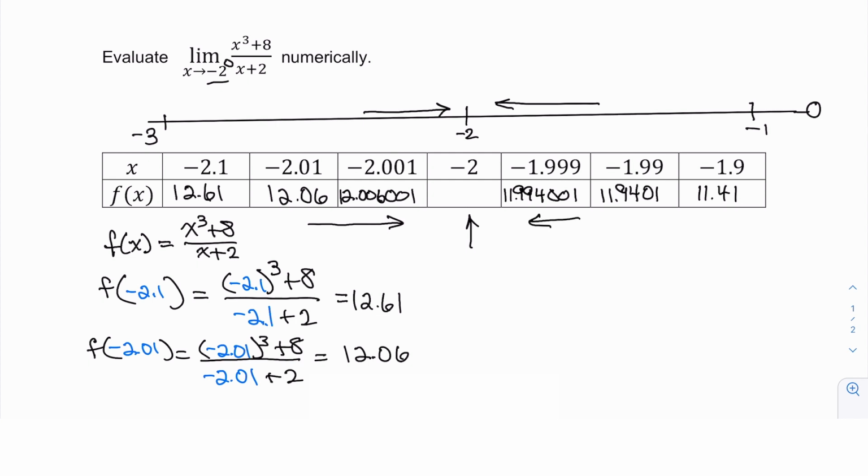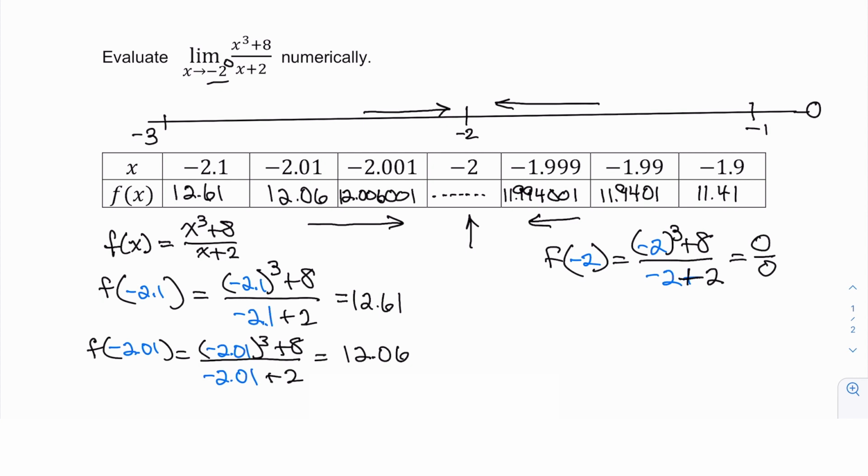I know right at -2, if I try to evaluate f of -2, we would get -2 cubed plus 8 over my -2 plus 2. But that gives me a 0 in the numerator and a 0 in the denominator, that indeterminate form.